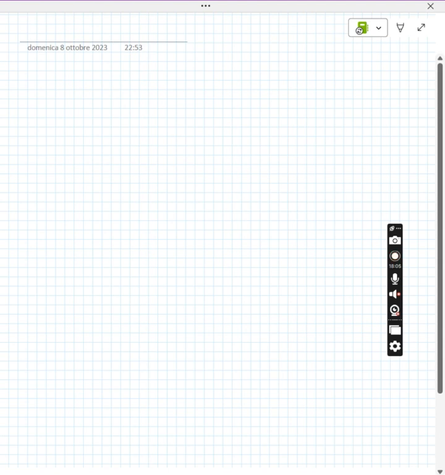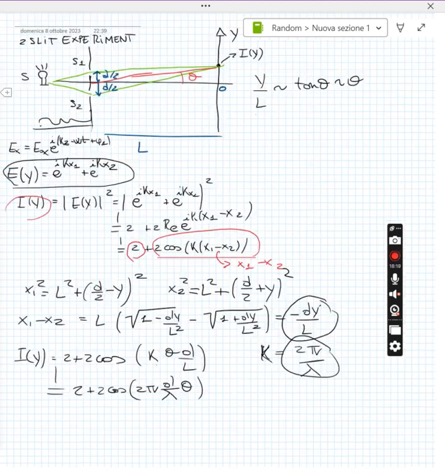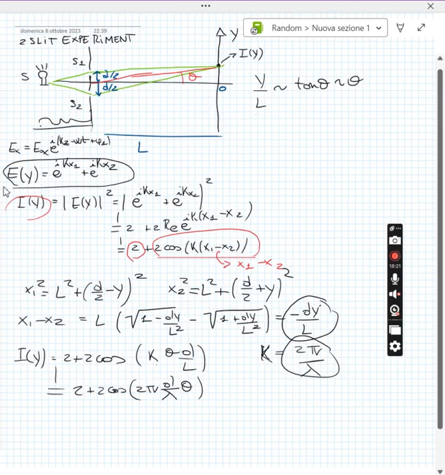So we have to make some assumptions. We know that light is made out of photons, and as we can see from the picture here, okay, photons in the source are all created equally.